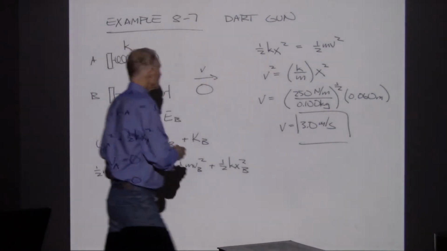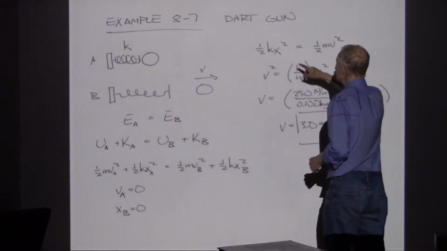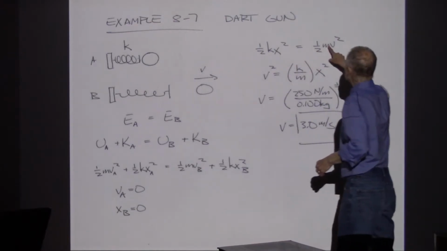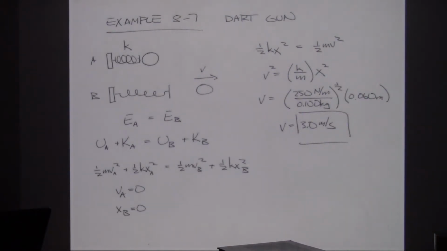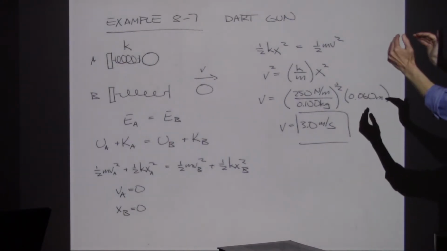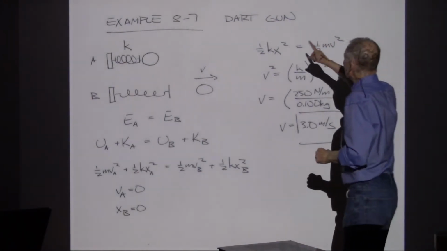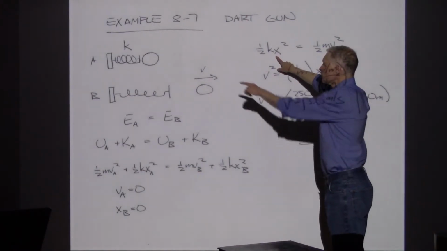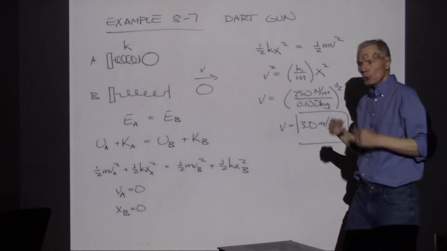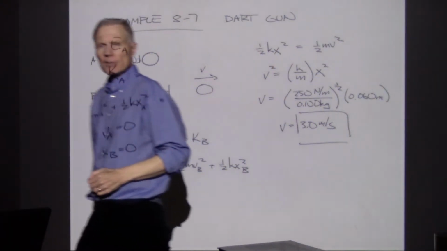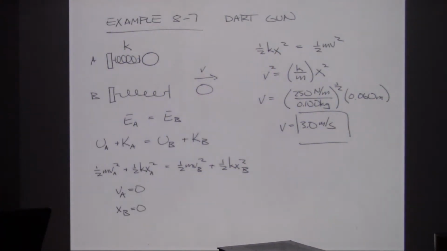So that formula reduced down to 1/2 k x squared equals 1/2 m v squared. So it's the potential energy stored in the spring, and that's all going to get converted into kinetic energy of the dart. That's what we're looking at.